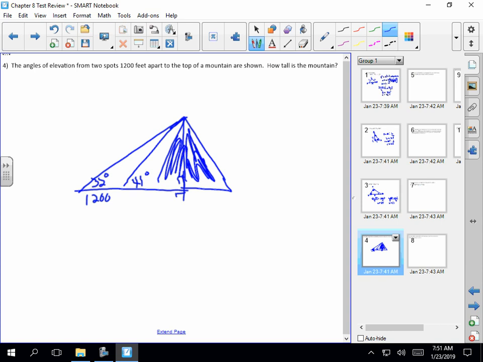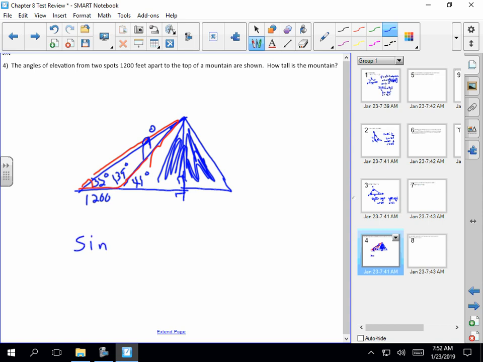So we're going to focus on this triangle right here first, which is a non-right triangle, and use law of sines. I know that this is 139 right here. That leaves me with 9 degrees up here. Sorry about that, the board's a little glitchy here.